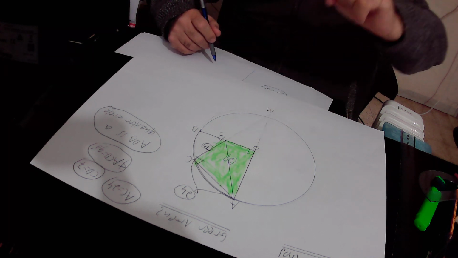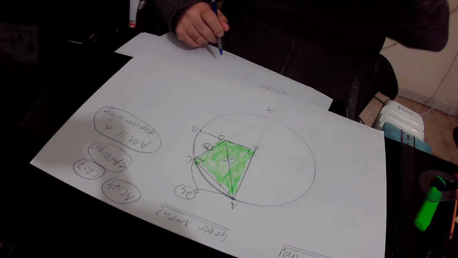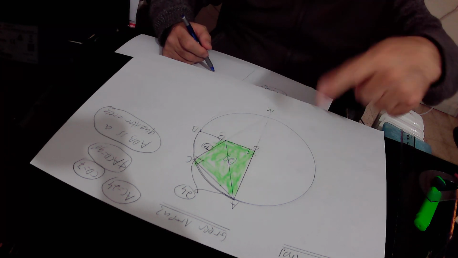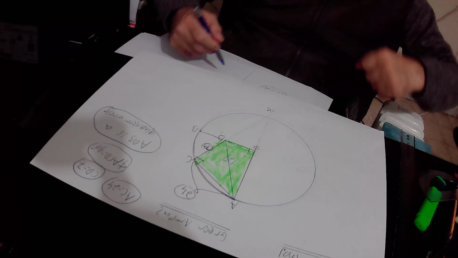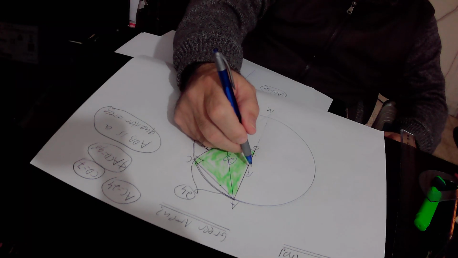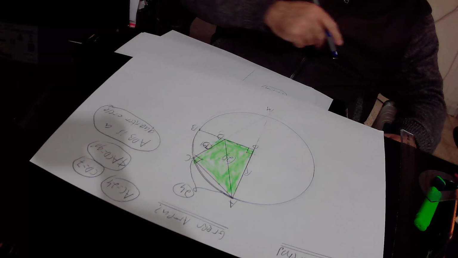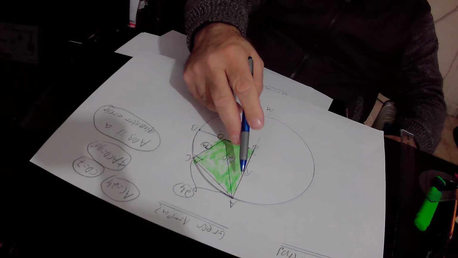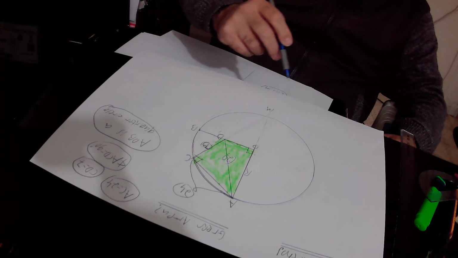Point O is the center of the circle, point A is a point of the circle itself, therefore OA is the radius of this circle. We define the radius of this circle as R. So OA is R. We will extend the radius AO until it touches the circle.